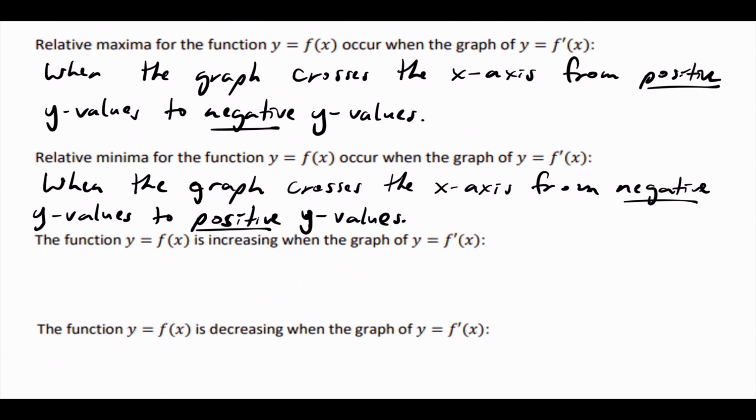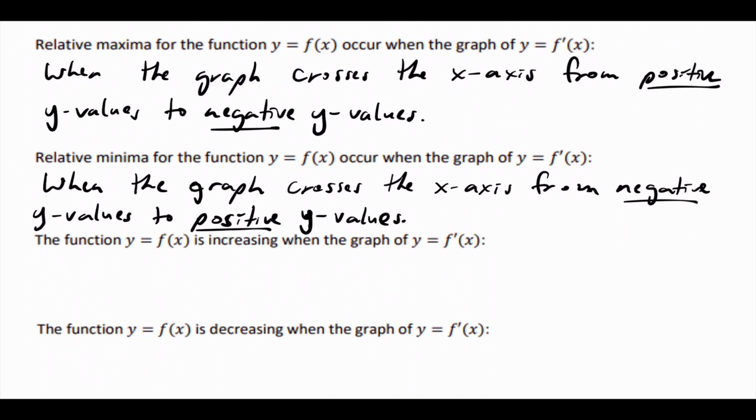Where on the graph did we look for increasing, decreasing? Increasing is positive y values, decreasing is negative y values. So how do I say that? Positive y values mean above the x-axis.